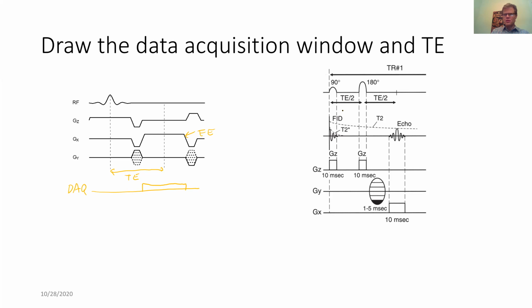So the TE is already labeled from this. And here's the TE. And then if we were to add the data acquisition here, again, this is going to happen during that frequency encoding period here.